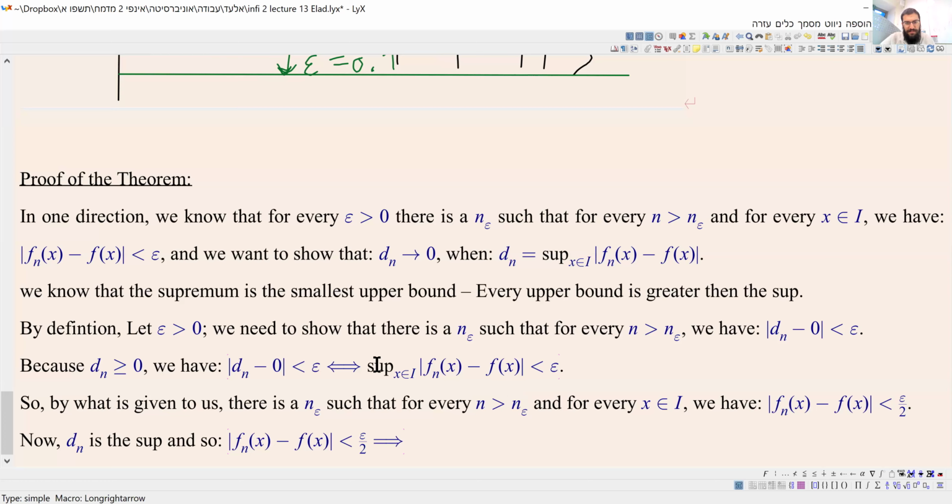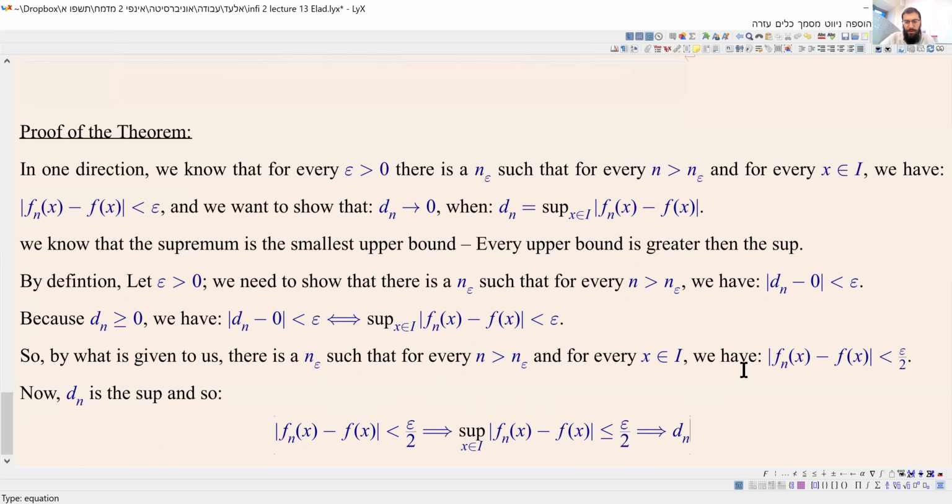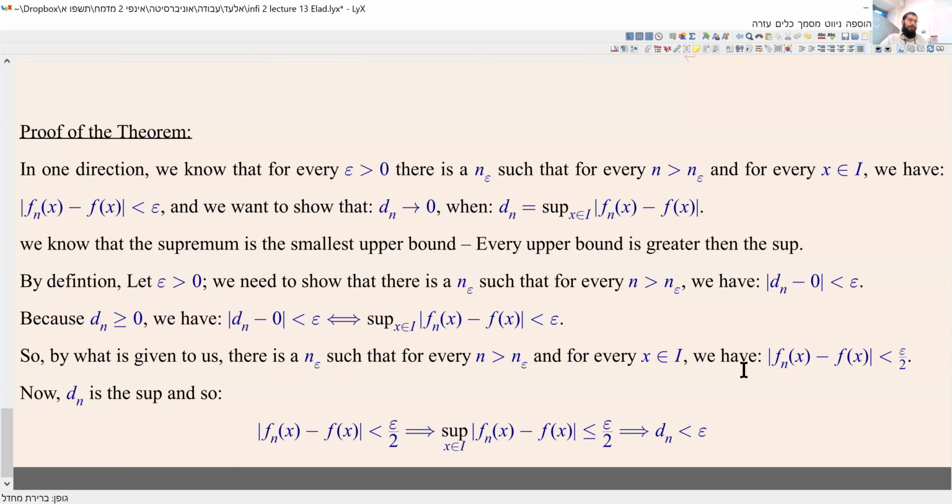So it gives us that the sup is less or equal to epsilon over 2. And epsilon over 2 is, of course, smaller than epsilon. So we do get that dn is smaller than epsilon, as required.